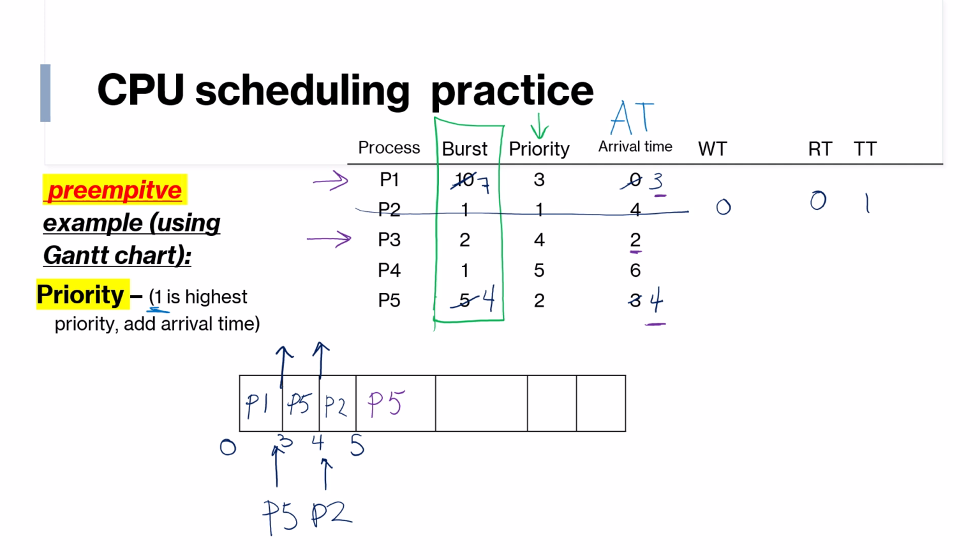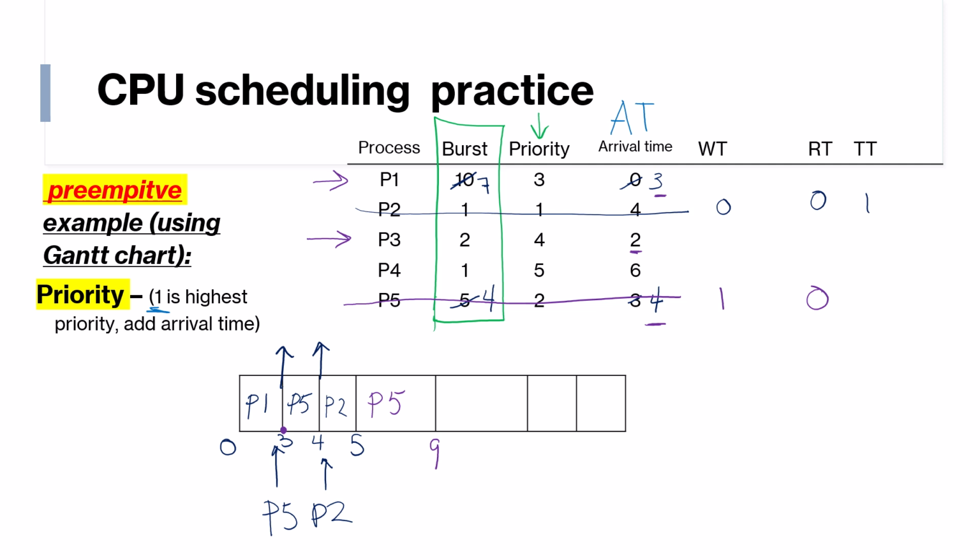P5 has 4 time units of CPU burst left, so P5 will be done at time 9. And we can calculate P5's response time, wait time, and turnaround time. P5's response time is 0 because P5 arrived at time 3 and got the CPU right away. But then P5 had to wait 1 time unit in order to let P2 do its 1 time unit of CPU burst.